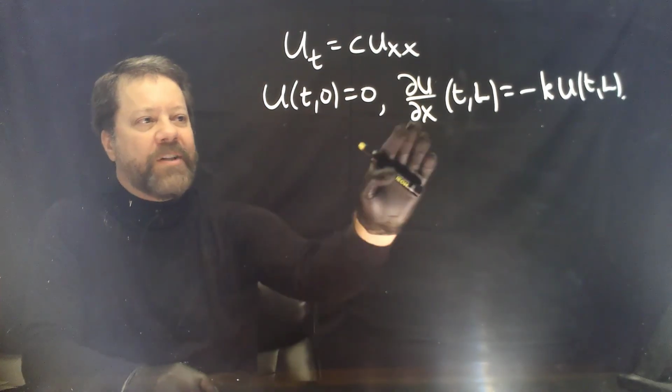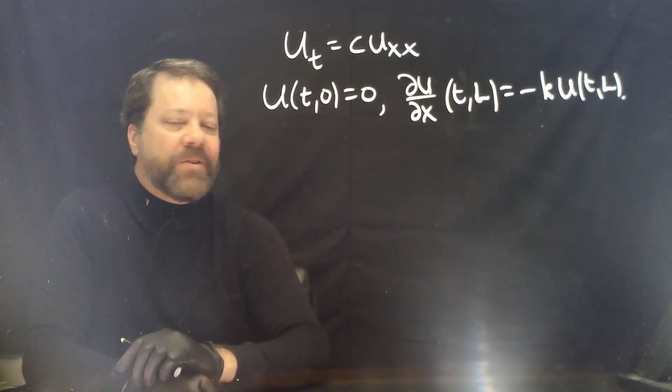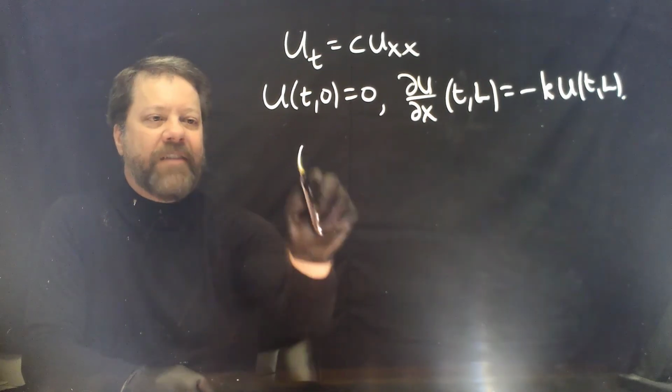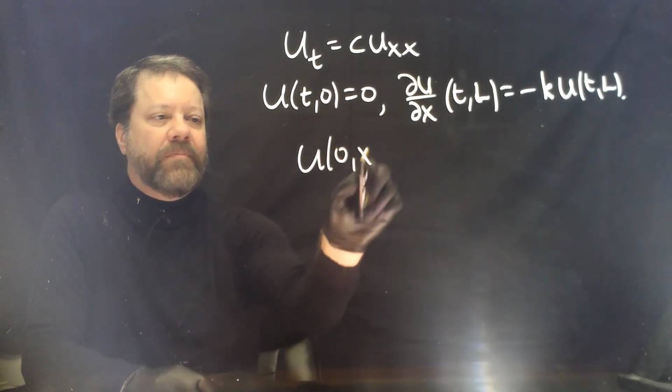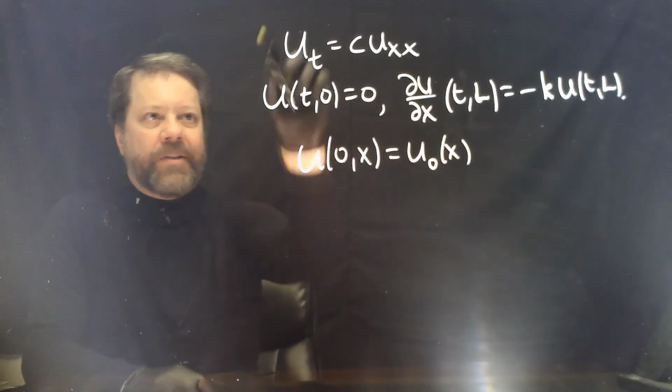So the rate at which we have heat being thrown across the boundary is proportional to the amount of heat there at the boundary. We add, of course, initial data.